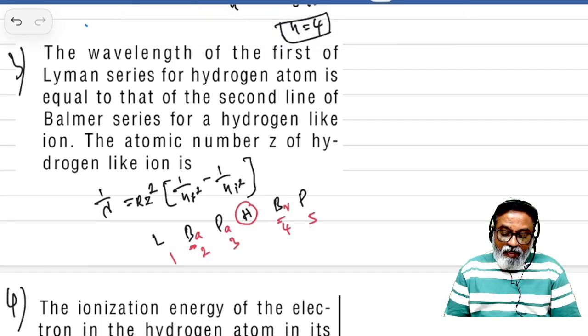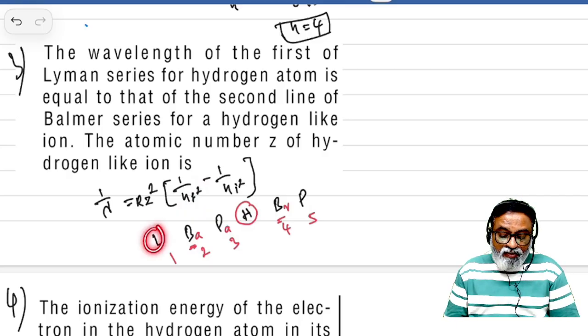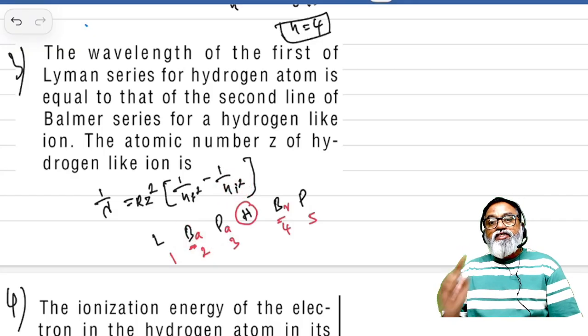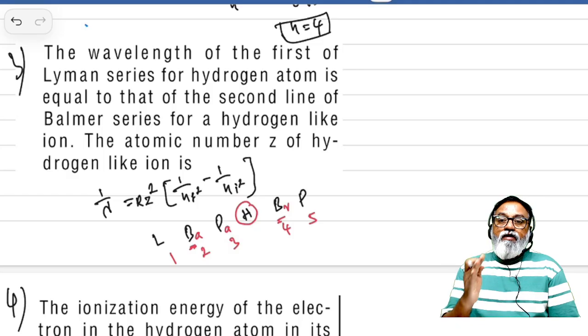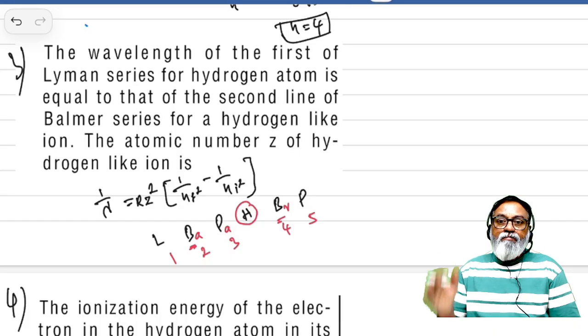See, in this formula, n final should be our given number. If it is Lyman series, 1. Balmer series, 2. N initial: for each series there is a maximum wavelength and minimum wavelength. Maximum wavelength means first line. Minimum wavelength means last line.